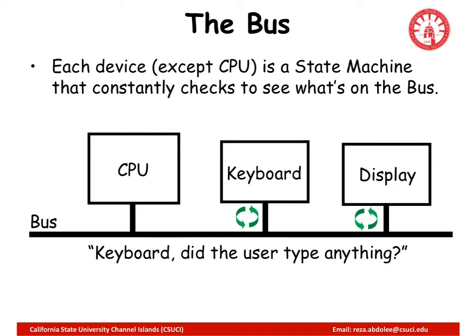Here, all components connected to the bus are going to receive this message, including the keyboard and the display or the monitor. So the message is: keyboard, did the user type anything?